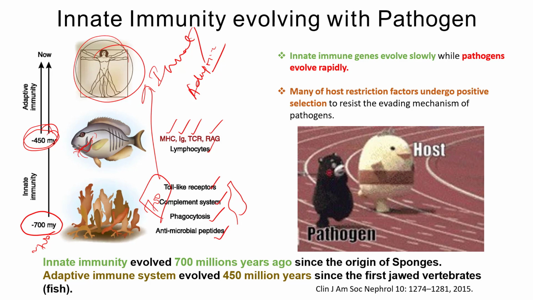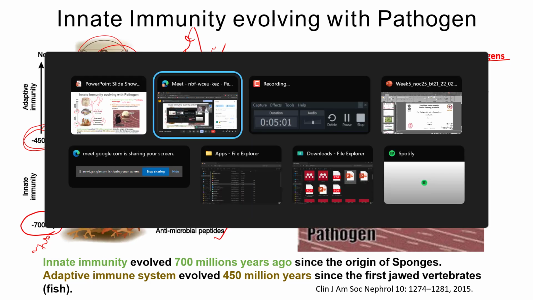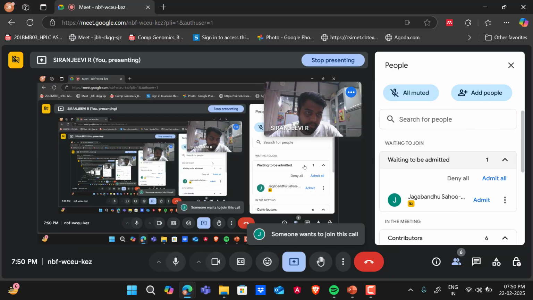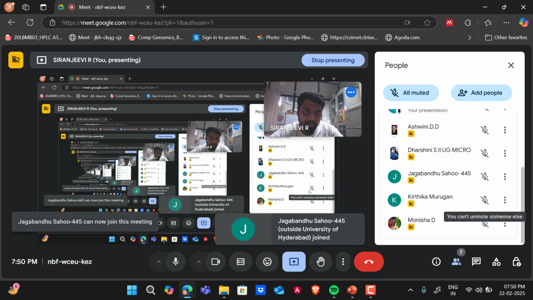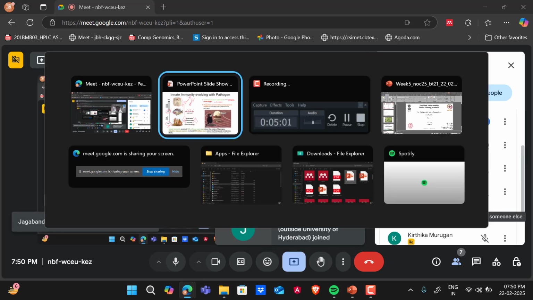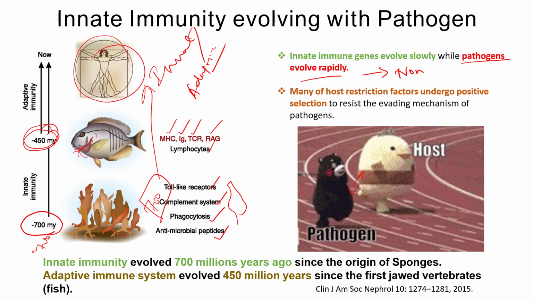Okay, so this image clearly tells that innate immune genes evolve very slowly, in the sense that pathogens usually evolve rapidly. The reason is that this innate immunity is not specific. It's non-specific.